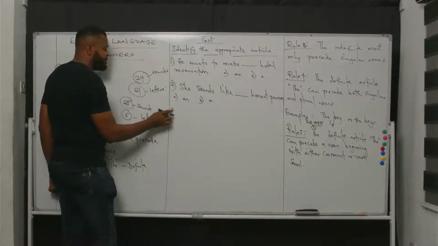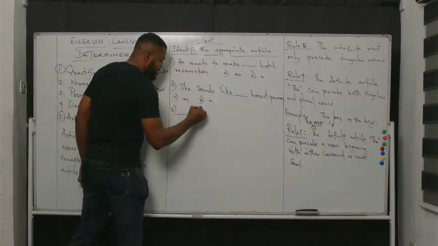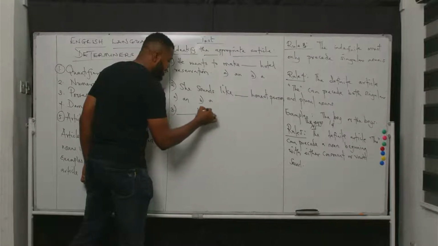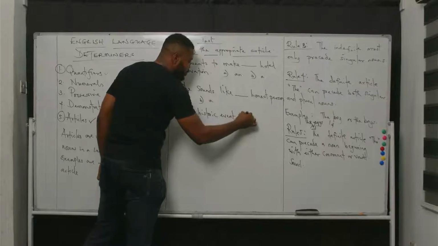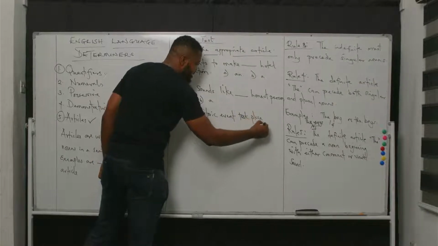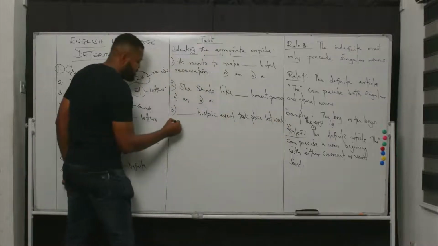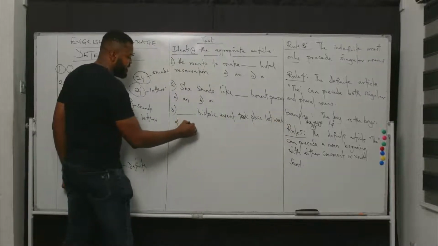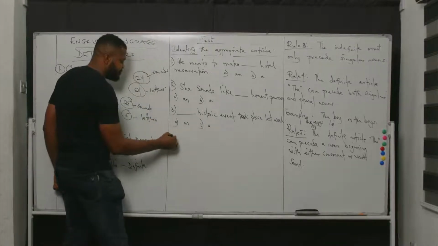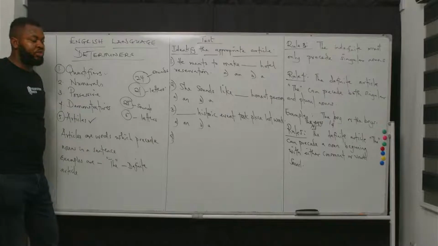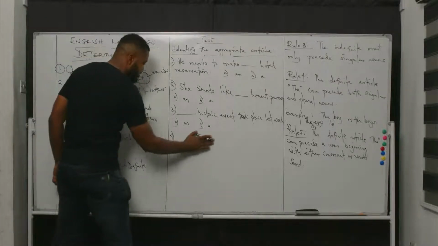Question number 3, dash historic event took place last week. Option letter A, you have AN. Option letter B, you have A. Question number 4.